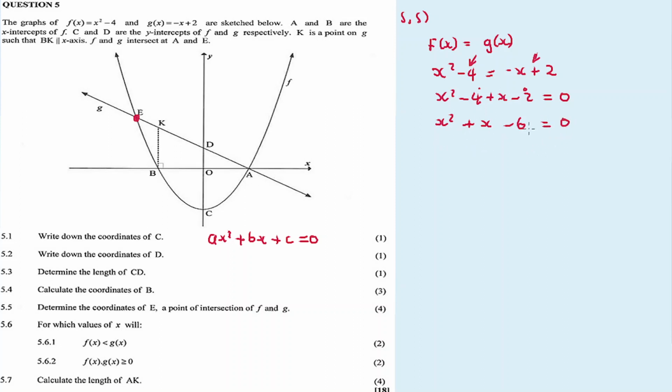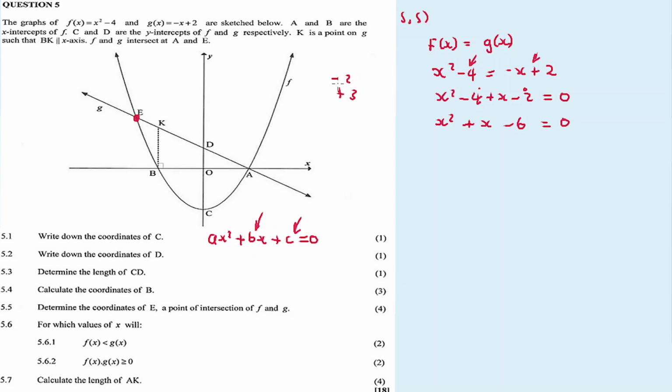Therefore we have a trinomial. I want two numbers that multiply to give minus 6 and add to give plus 1, right? We look at b and c in order to find our factors. So which numbers are those? Minus 2 and plus 3, right?